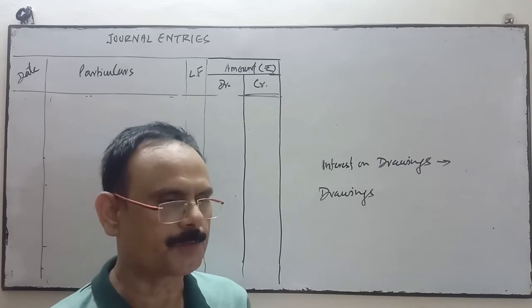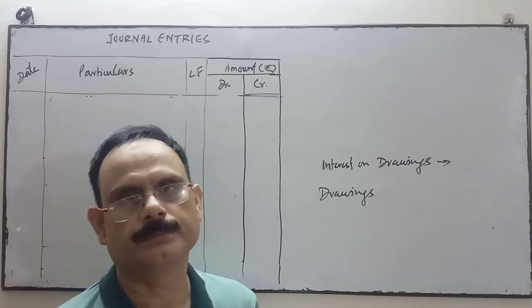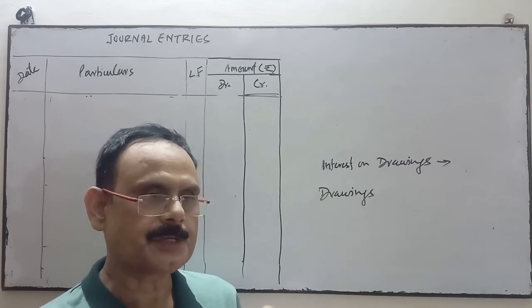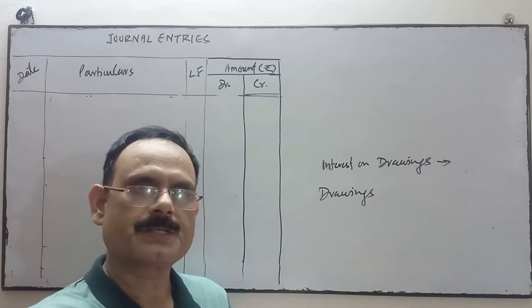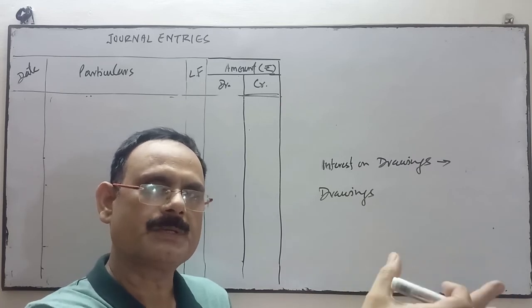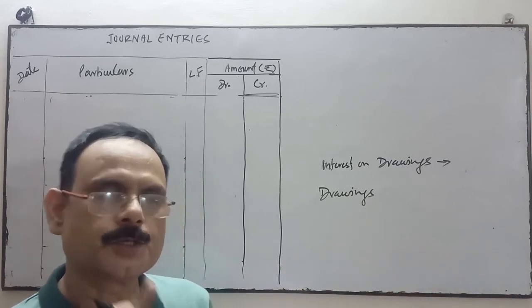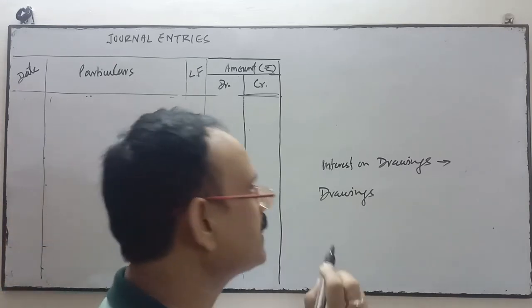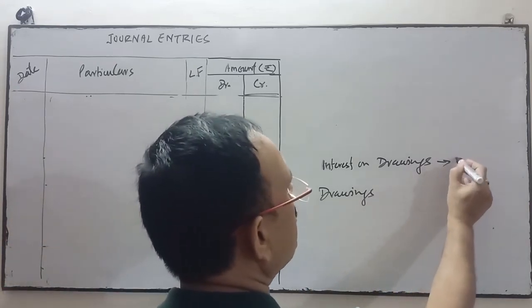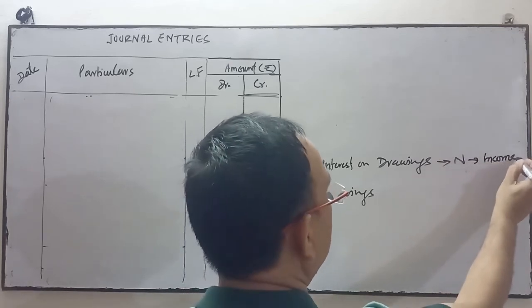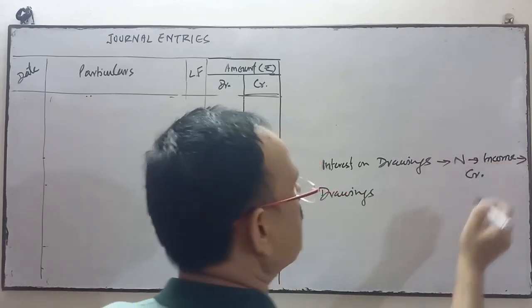From the business point of view, it's an income because the business is earning. When the proprietor withdraws money for personal use and the business charges interest on that amount, the business will get the interest. So it's an income. It comes under nominal account, and all incomes and gains are credited.